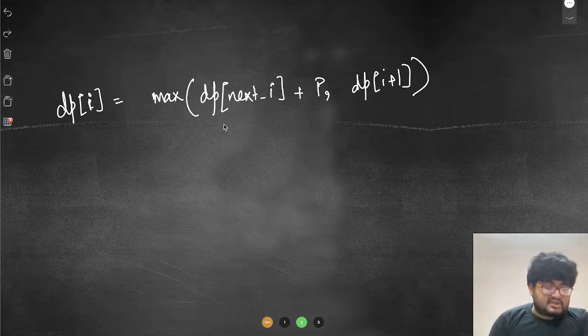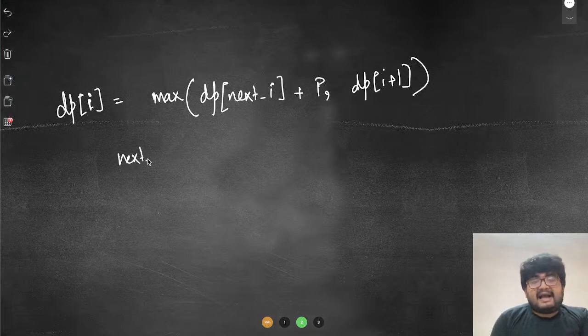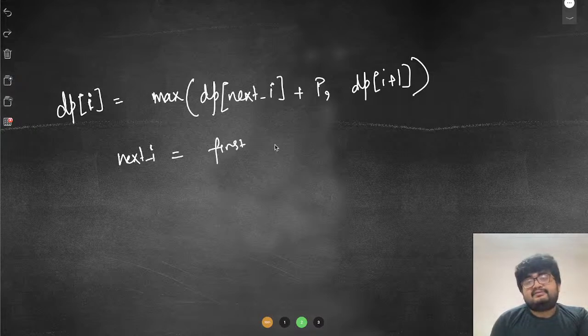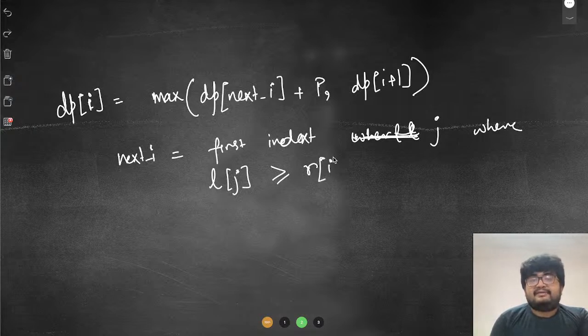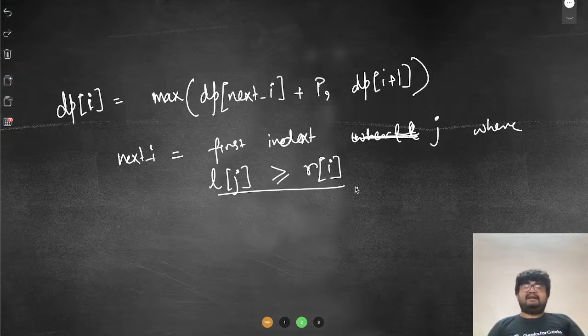And how do we find next of I? Next of I is equal to the first index j where L of j is greater than or equal to R of I, and we can binary search for this.